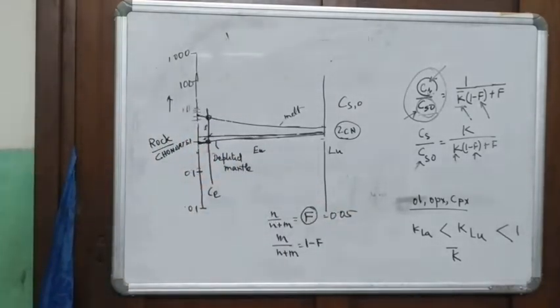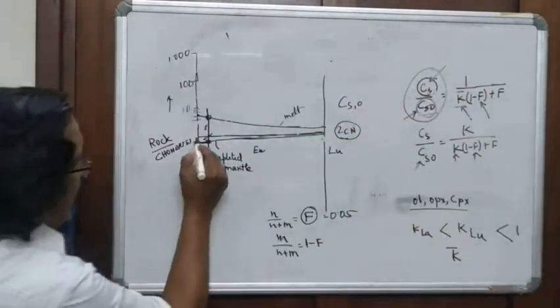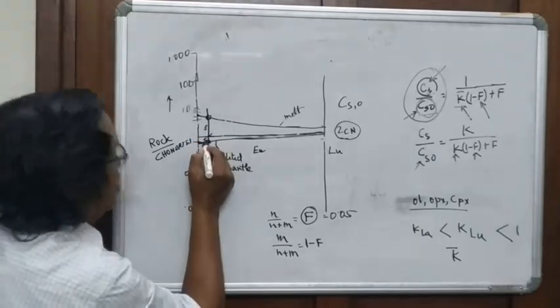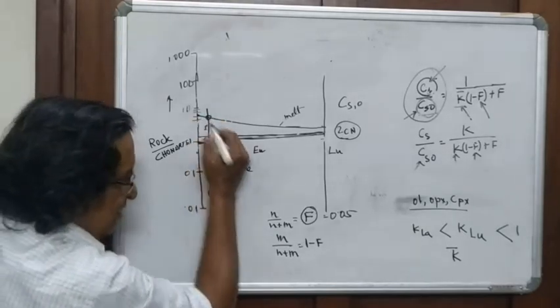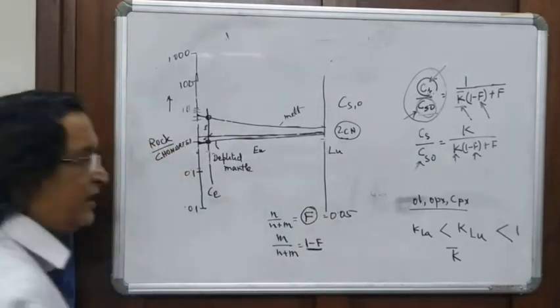Have you understood? We did this in the phase diagram, the lever rule. So here, N divided by N plus M is equal to the fraction of melt. And M divided by N plus M is the fraction of solid.